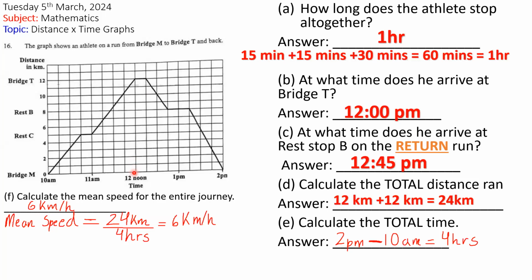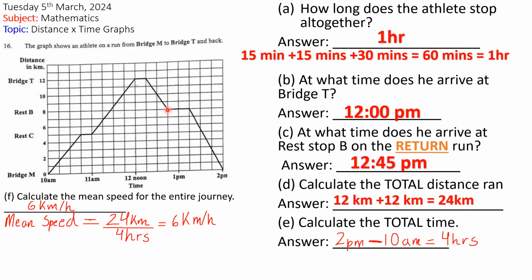And C says, at what time does he arrive at rest stop B on the return run? So first we have to find where rest stop B is on the diagram.